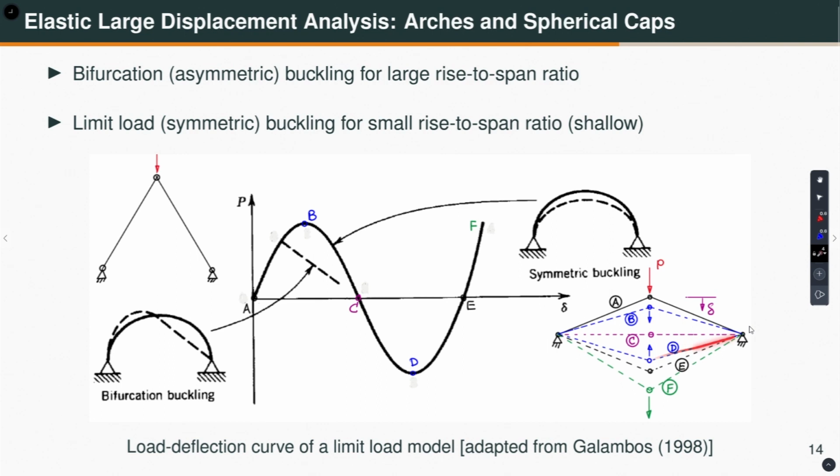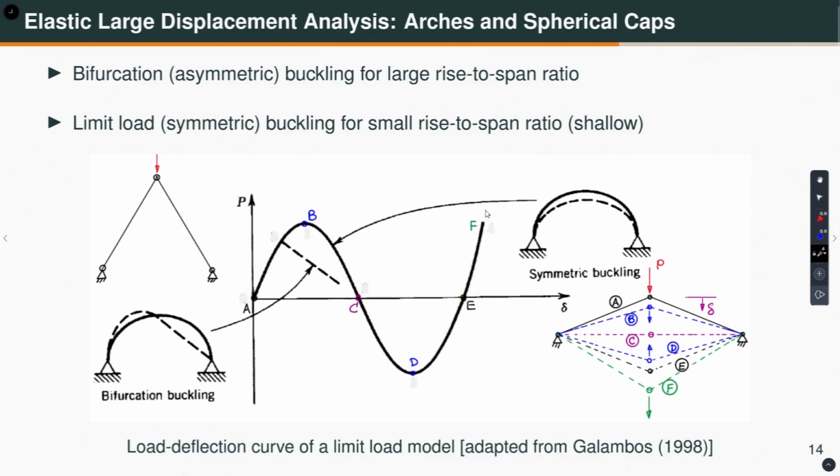So, what will be the load versus deflection behavior for this case? If you perform a large displacement analysis, that means you consider the equilibrium in the deformed configuration, you consider the displacement to be finite and take the nonlinear VR relationship, then you will be getting a force versus displacement relationship like this.